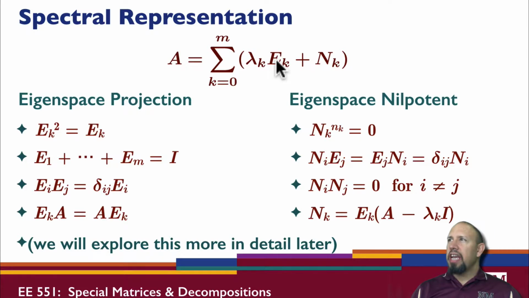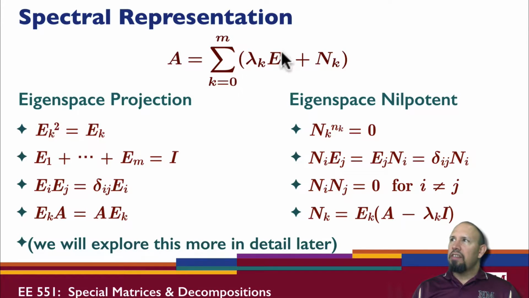But let's just say that what this representation does is it breaks up our eigenspace according to projections. So for each eigenvalue, there is an eigenspace projection. And there is also an eigenspace nilpotent matrix in general. Okay? Those eigenspace projection matrices are not necessarily projectors. They're projections. That is, if I square it, I get the same thing back.